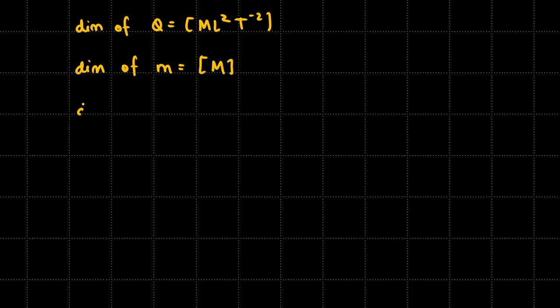The dimension of delta theta will be K. Since it is a change in temperature, it will still be on the temperature scale. For example, suppose we had 20 degrees Celsius minus 10 degrees Celsius, we will still get 10 degrees Celsius.